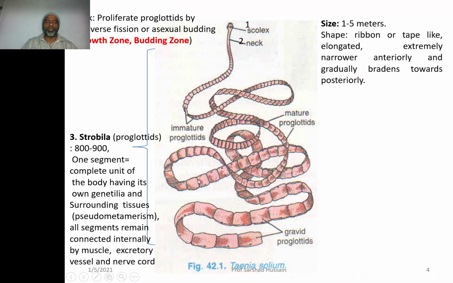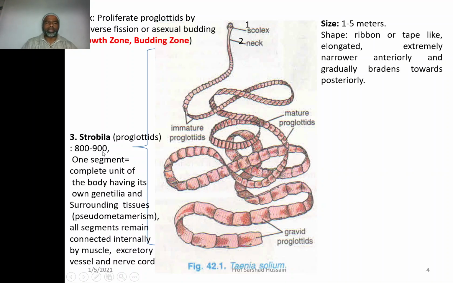Sometimes the same Taenia solium may have 900, sometimes 800, sometimes a number in between, because at the posterior-most end they may detach and go away from the host where the parasite was living, so that it may spread the infection to a new one also. These proglottids are 800 to 900.